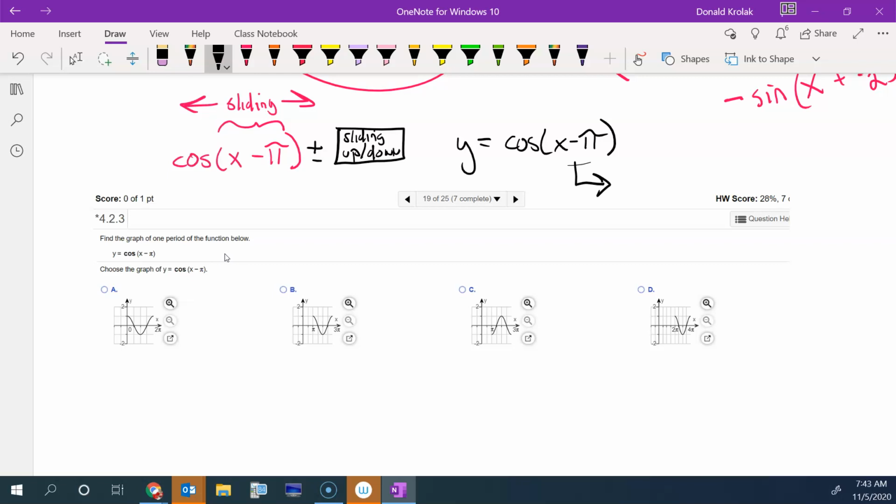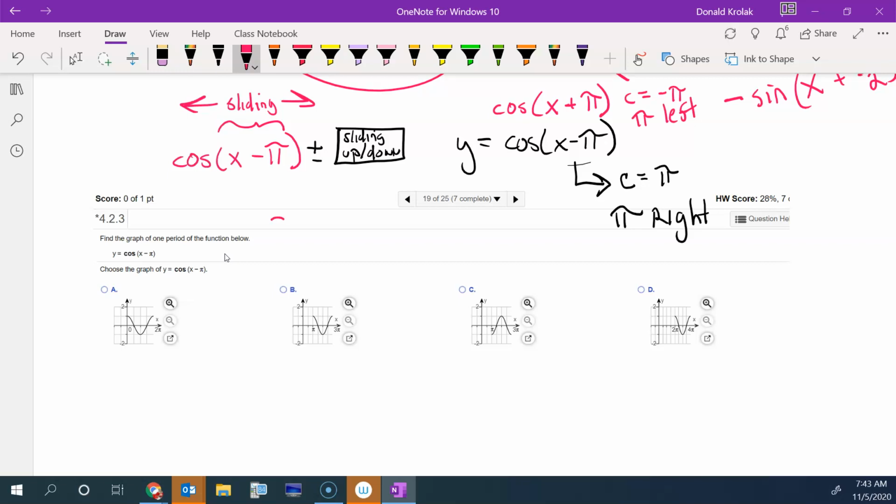Do the opposite of what you see. So C is positive pi, so that's pi right. Now, if it had been a different problem, Araceli, and it looked like this, then the C value is negative pi, which would be pi left.